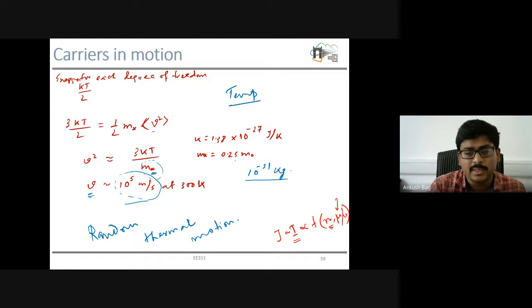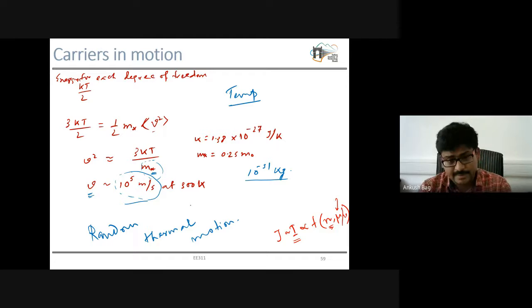And it will be even lower when we calculate the effective mass. So this is the free electron mass, and this is the effective mass. Since overall the effective mass is very small, the velocity of these carriers will be very high.